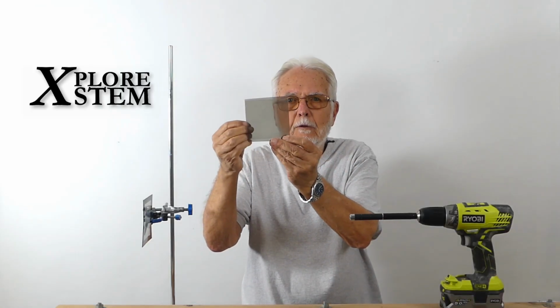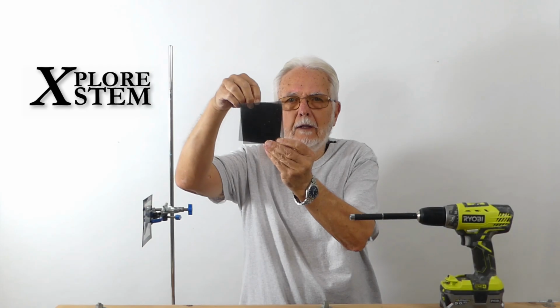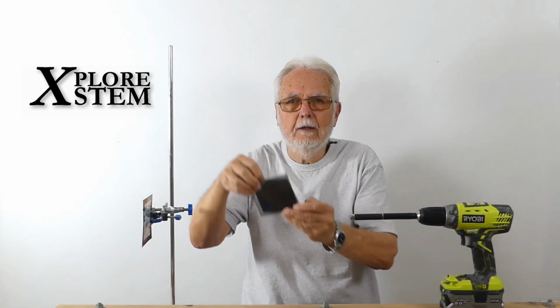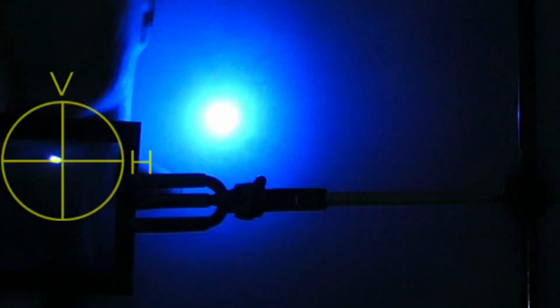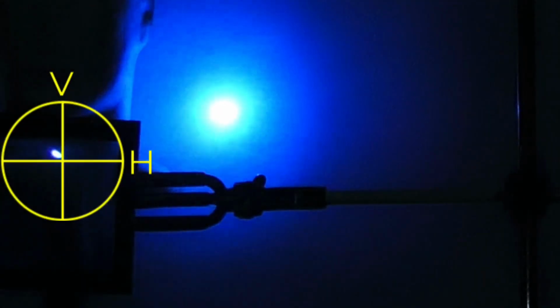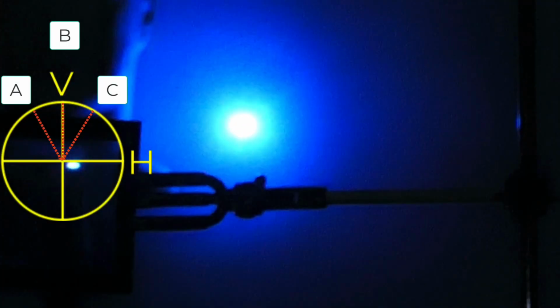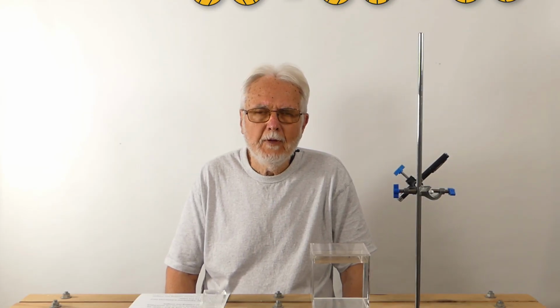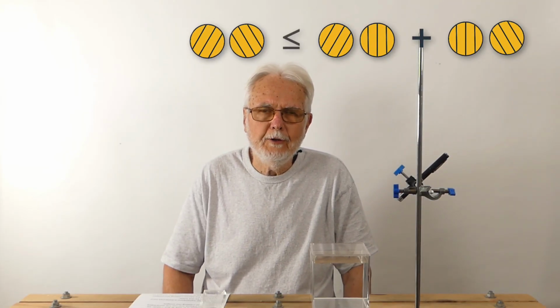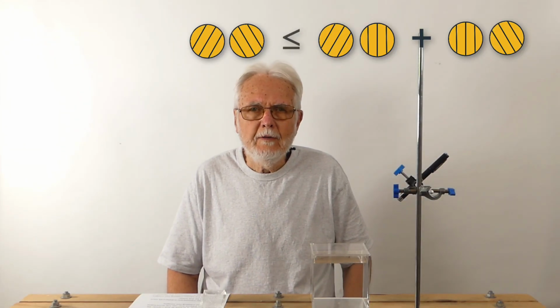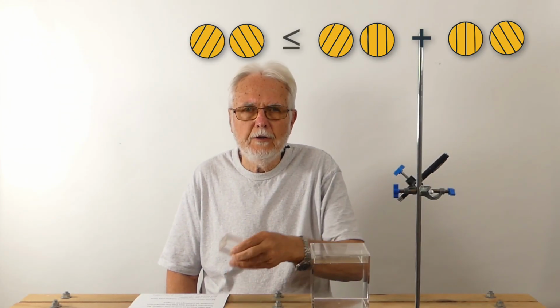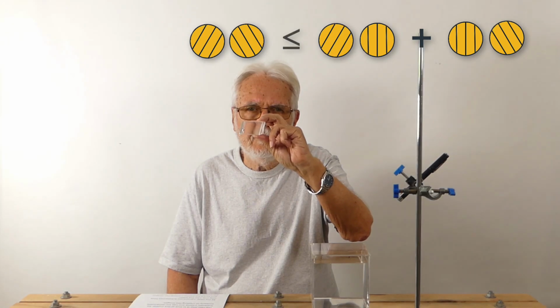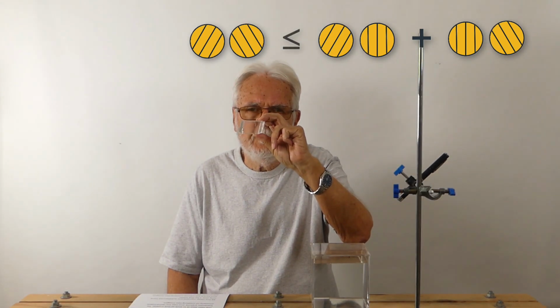So the effect will be bright, dark, bright, dark. Now we have the A's, B's and C's of Bell's theorem: photons instead of dice.